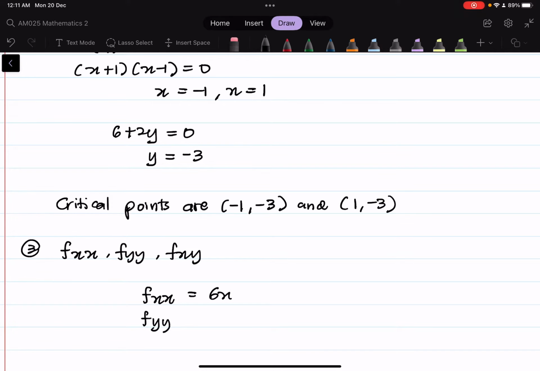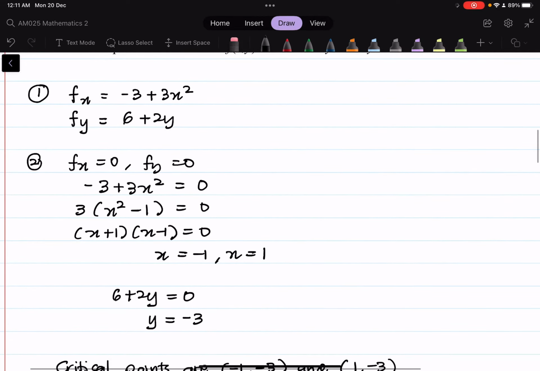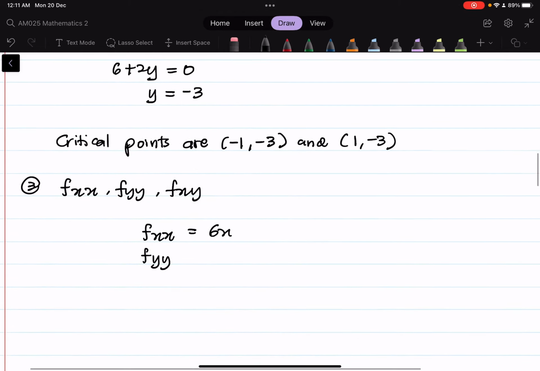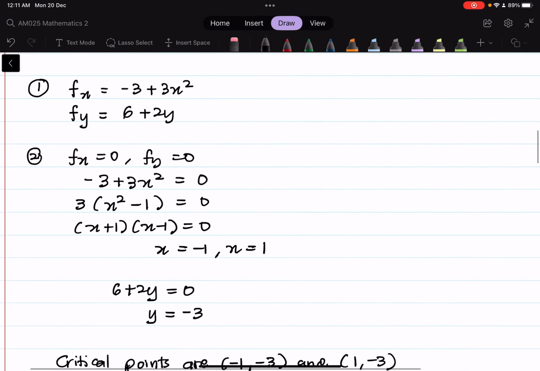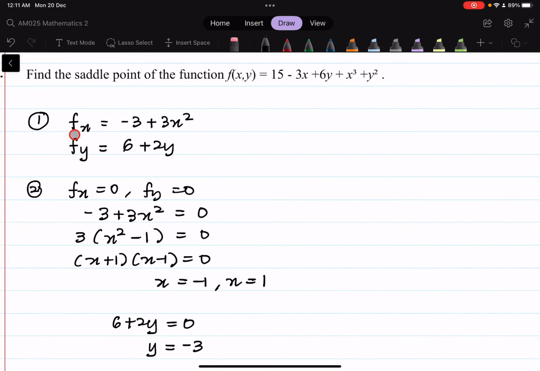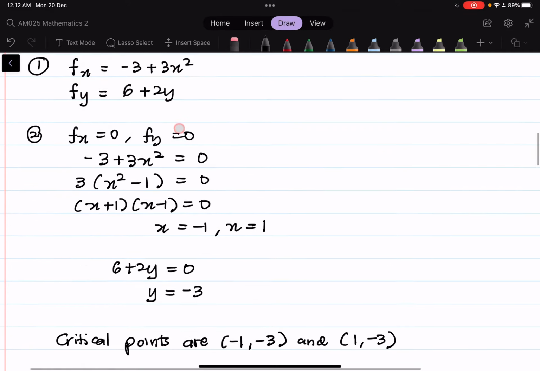F sub yy, differentiate f sub y with respect to y, we're going to get positive 2. And for f sub xy, we differentiate f sub x with respect to y, and it's 0.